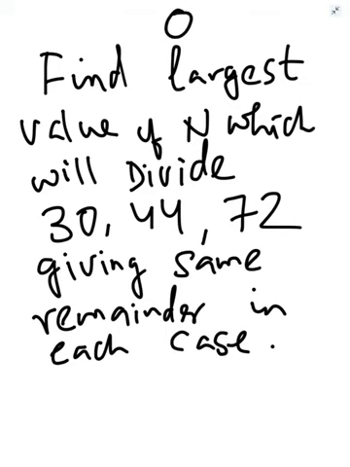So this is our question. We have to find the largest value of N which will divide 30, 44 and 72, giving the same remainder in each case, and the value of the remainder is not given to you. So I will now apply this HCF model 2.